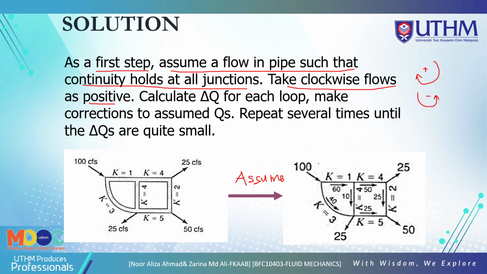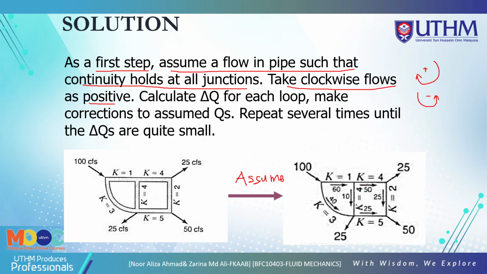You must remember that flow in is equal to flow out, so for balance the flow out is also 100. It divides into 60 and 40 for this pipe and this pipe.